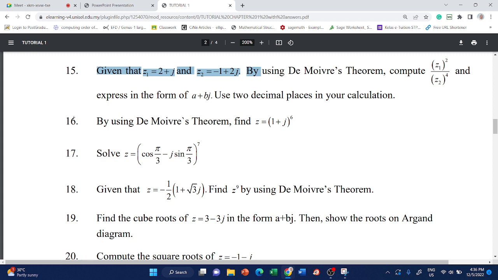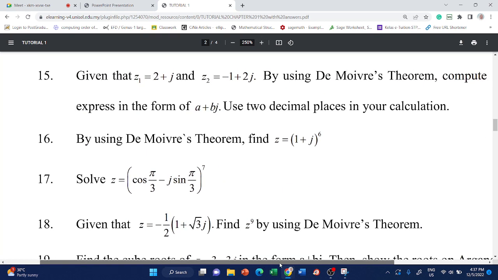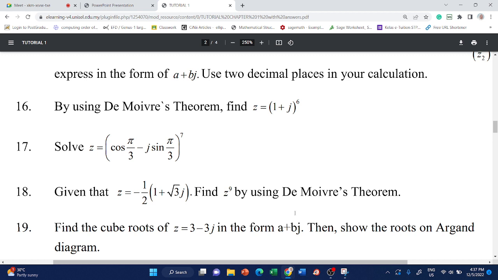Okay, so let's see number 16. Can you see question number 16 here? This question is on De Moivre's theorem, but it gives us a different problem because we didn't know what your r and theta are, right?